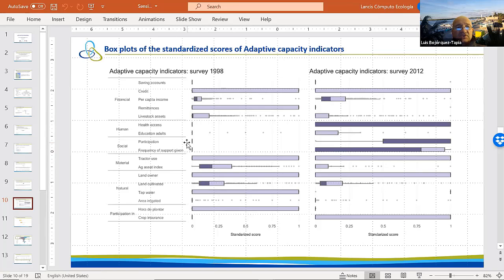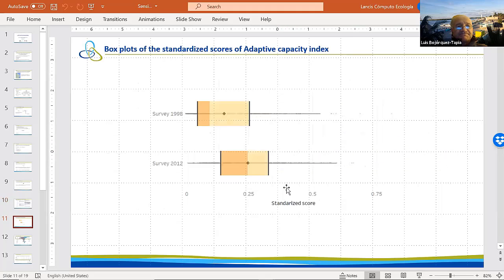Some indicators that were not measured in one survey were measured in the second one. The standardized scores for each household actually changed between 1998 and 2012. This gives us the idea that there was some improvement in the adaptive capacity of the households, given the government interventions.